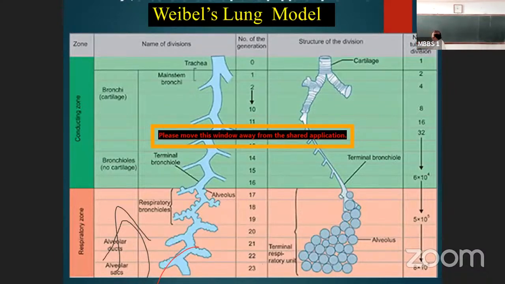From the terminal bronchiole onwards, that is from the 17th generation up to the 23rd generation, there is the presence of this respiratory zone. A lot of clinical things are mainly concerned with this part. So you should know in detail from the nose up to the alveoli. Is it clear? Understood about this?